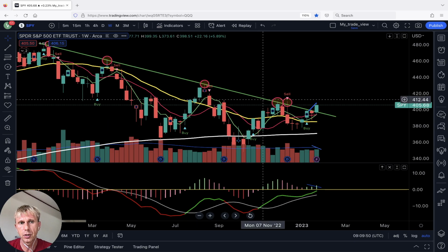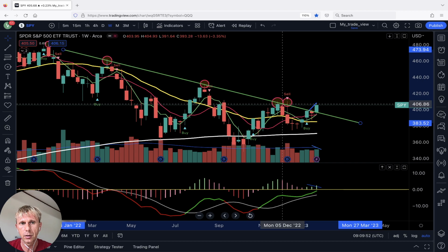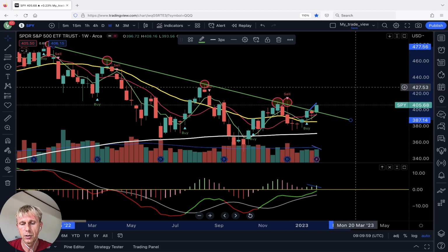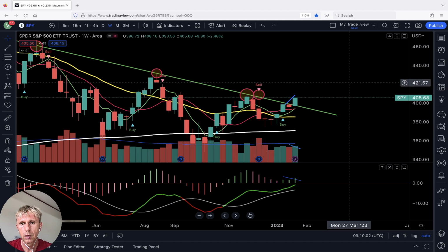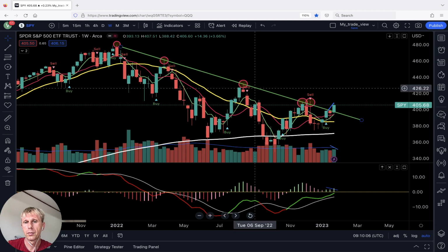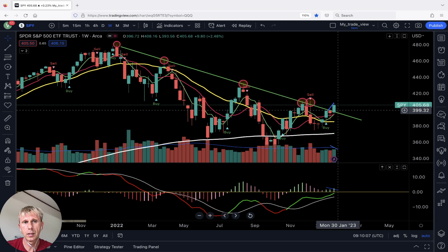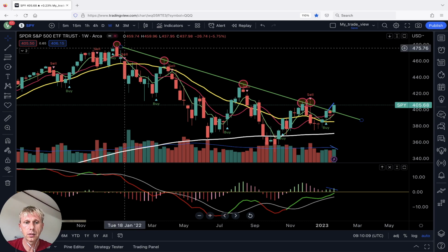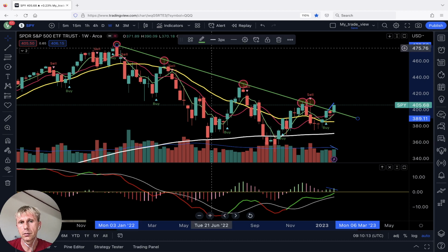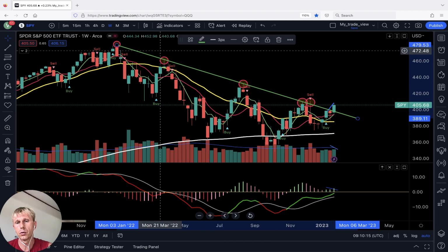I'm sorry, I touched the major line. Let me maximize. Okay, major trend line. We closed above the major trend line, the first time since January 2022.